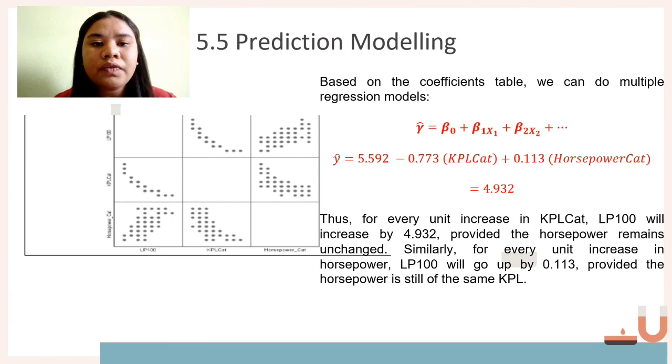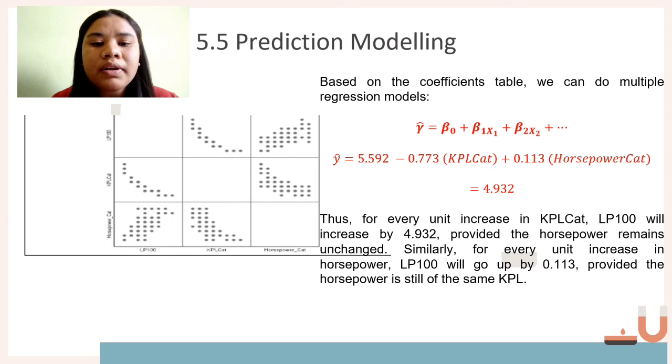Based on the coefficient table, we can build the multiple regression model: Y equals 5.592 minus 0.770 KPL cat plus 0.113 horsepower, equals 4.932.